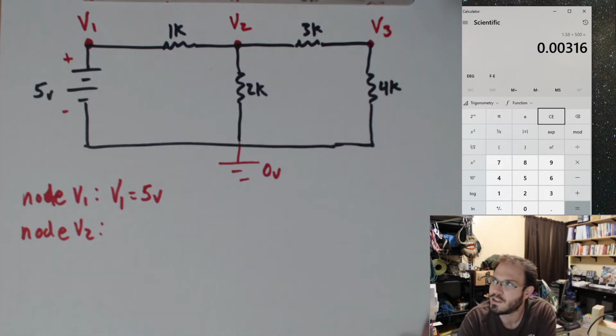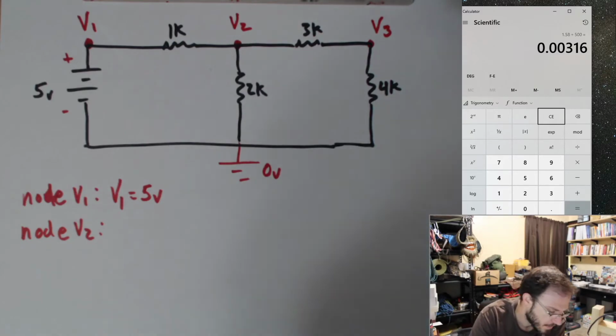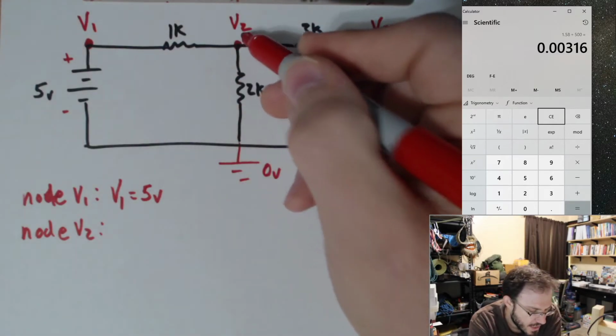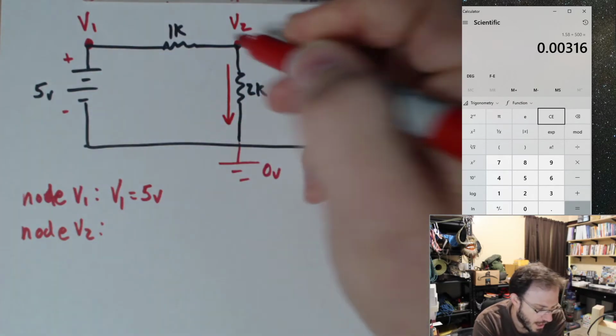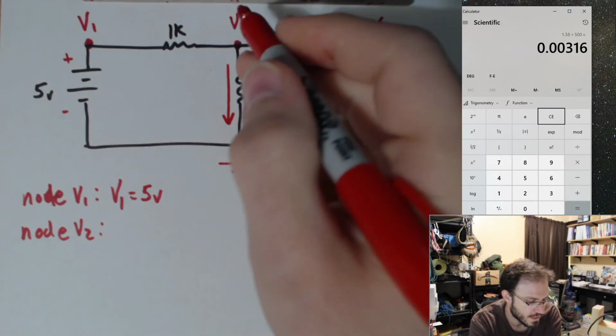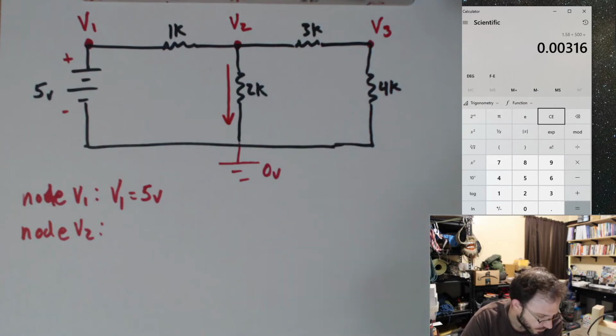All right, node V2. Now this one we do have to write some currents. And I'm going to pick some currents that make sense to us. V2 here, 0 volts here. Pick it to go down. Current goes from a higher voltage to a lower voltage. Let's make the assumption that V2 is higher. Over here.